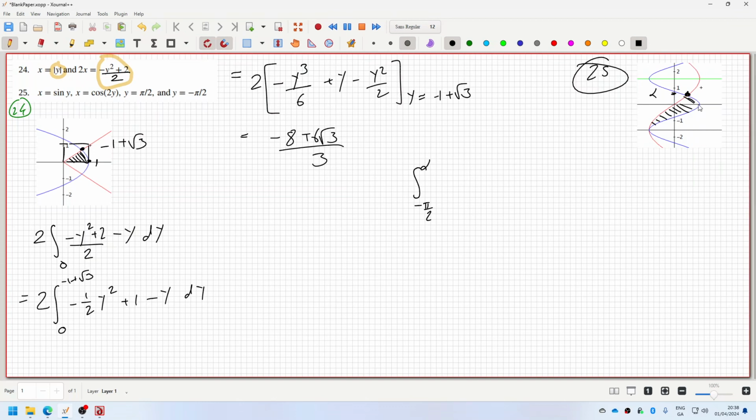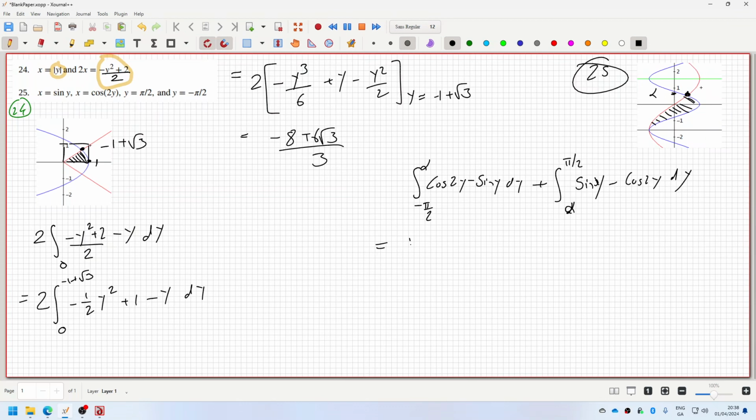The blue curve, which is the cos 2y minus sine y dy, plus the integration from alpha to pi over 2. Sine y minus cos 2y dy.